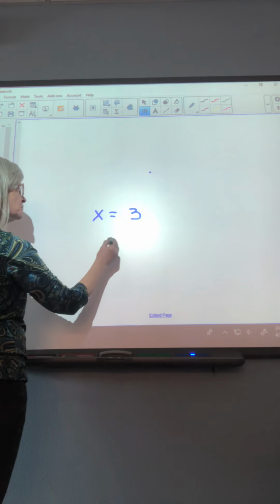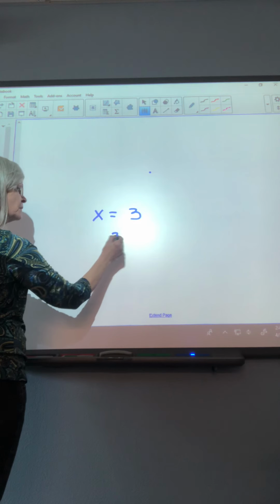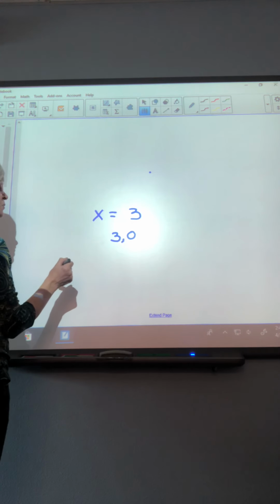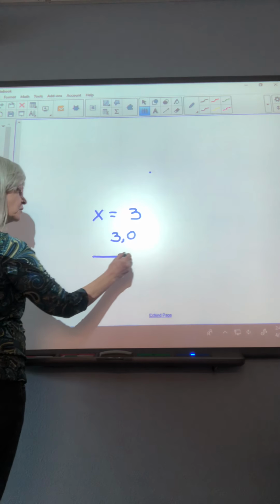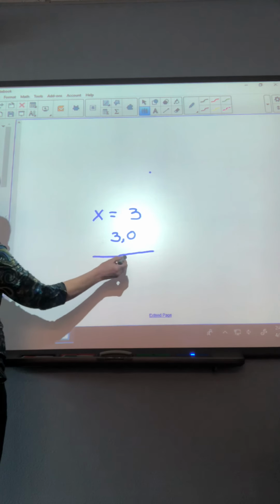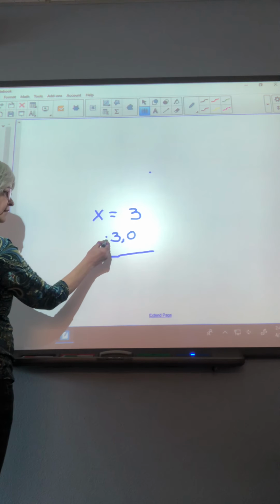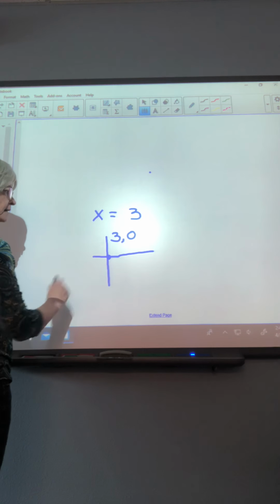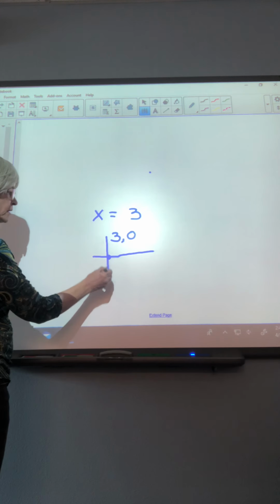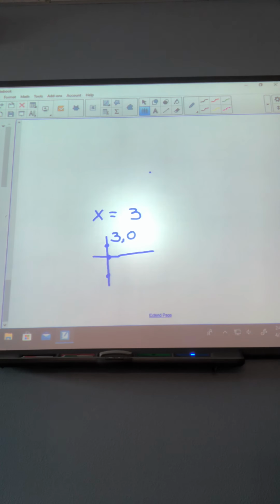And so you can assume in this case that the x-intercept is 3, which would be the point 3, 0. And this would be an undefined slope where you would plot the point 3, 0. So let's say that would be right here. And then you would have a line that would be undefined. So you would have points that would all be 3s. Okay.